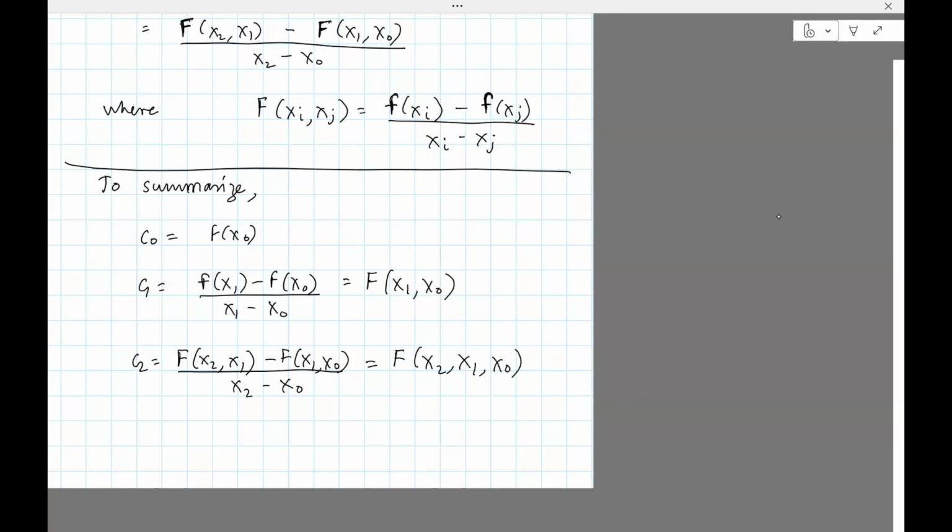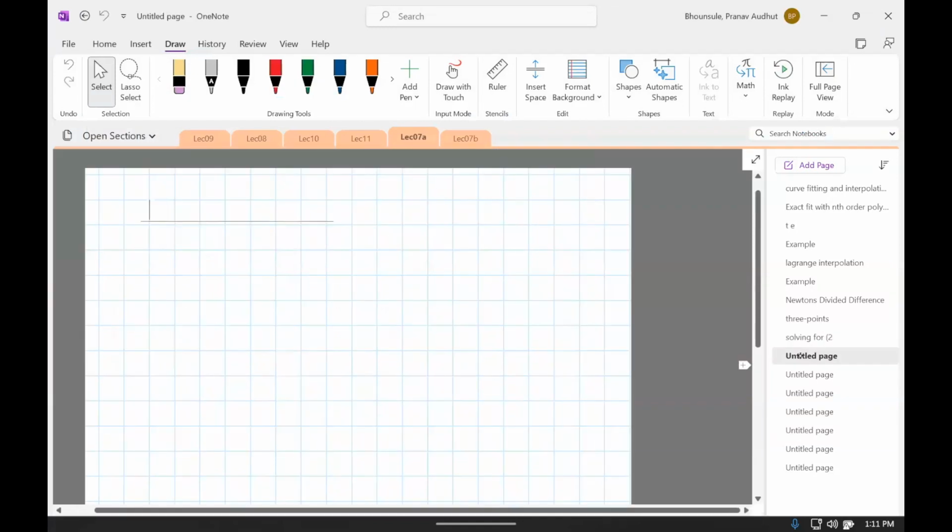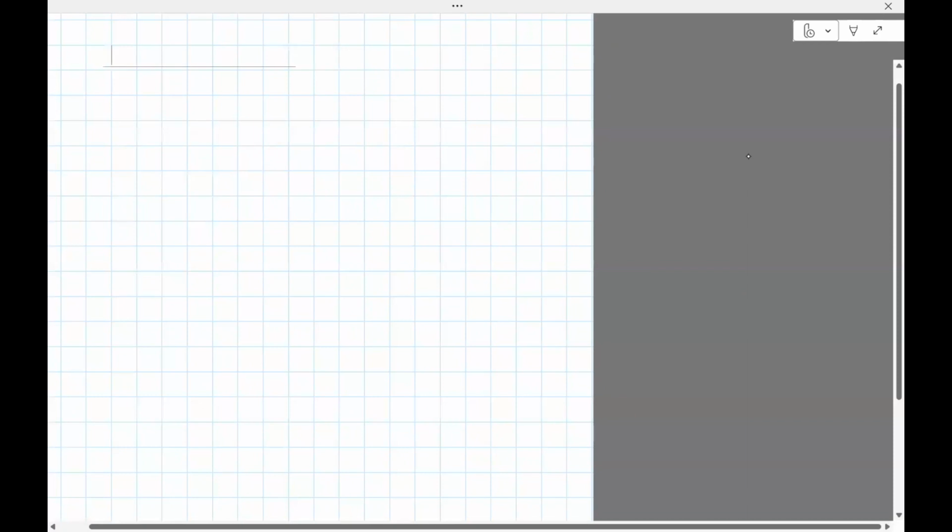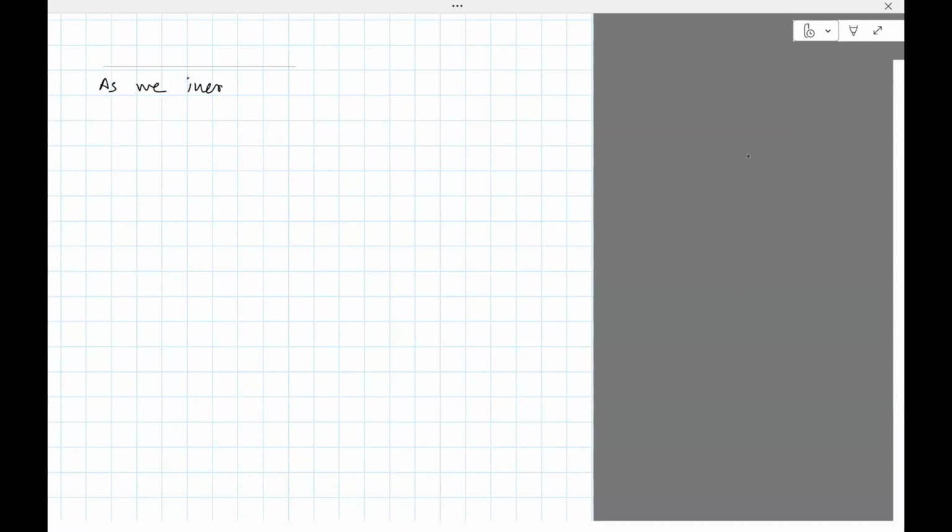I'll write that down. And then we can just generalize it to n dimensions. So as we increase the size of the polynomial, we can generalize the formula.